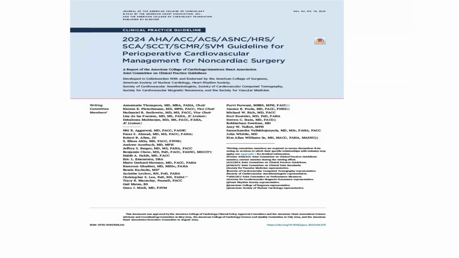But I think it's also important for us to look at the levels of evidence for each of the recommendations and remember to put that in perspective for the patients.